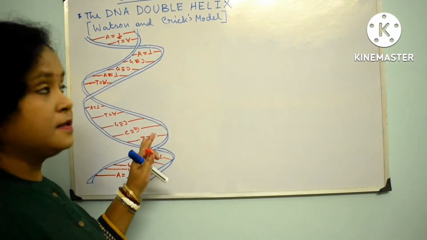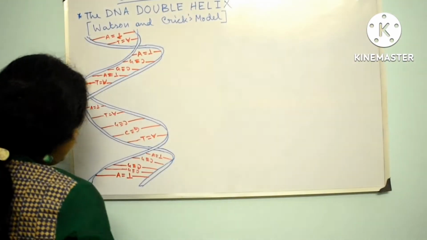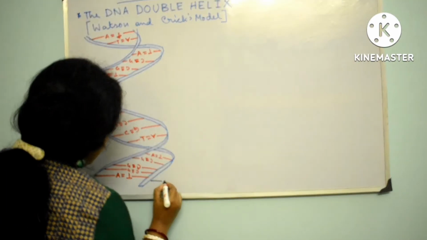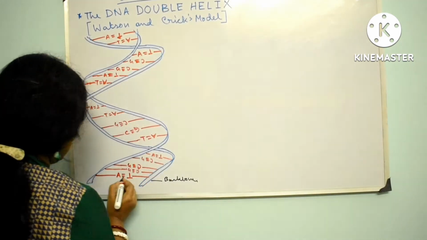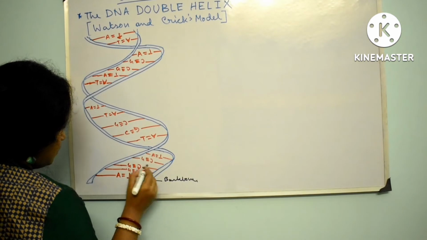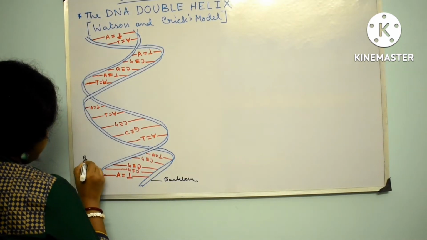So this is the famous Watson and Crick model. These two are known as backbones. These are base pairs.